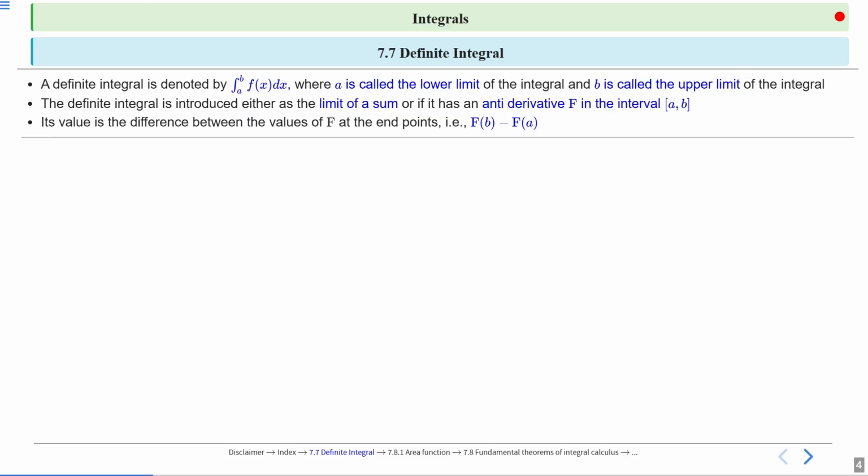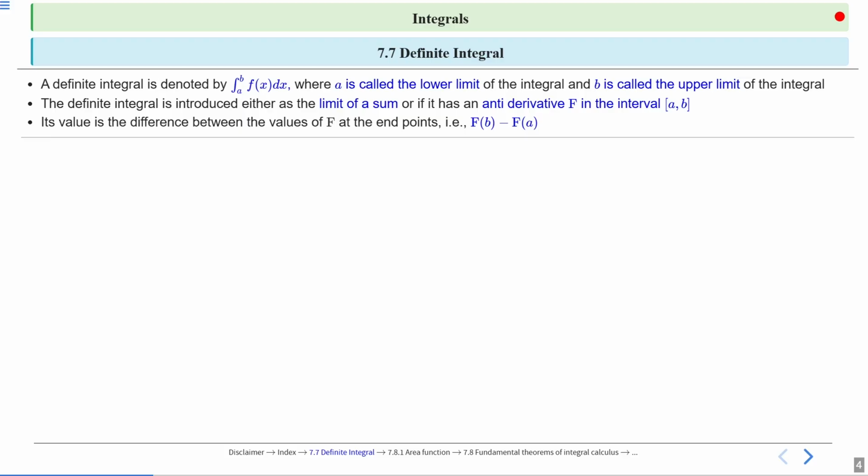But antiderivative is a particular function we get when we integrate a function f(x). So when we integrate f(x), we get an antiderivative, that is F in the particular interval a to b, where a is a lower limit and b is an upper limit. We understand it very well when we do an example.